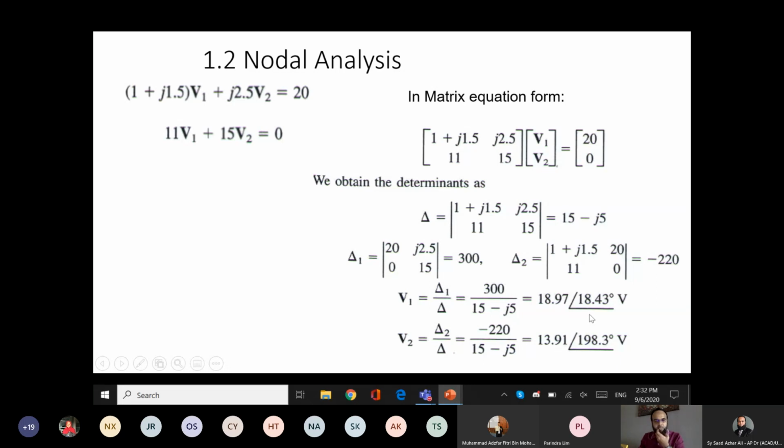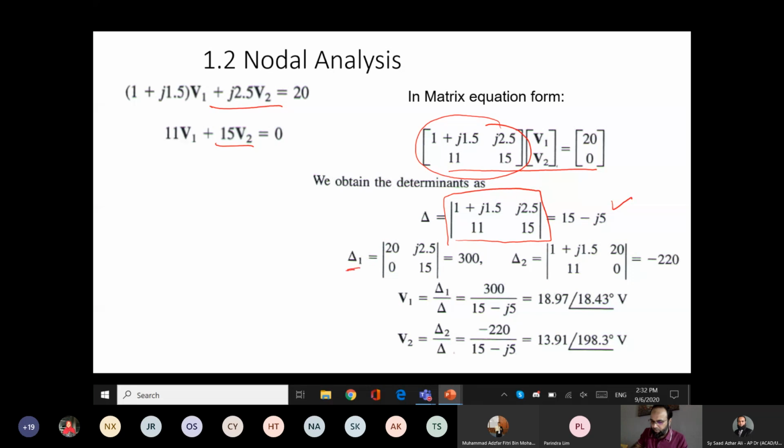Once again, I'm trying to focus more on how to write the equations and not how to solve them. But if anyone has a problem, please don't hesitate to ask how we got a particular step. Just to recall, we put these equations in matrix form, then we found the determinant, which comes out like this.